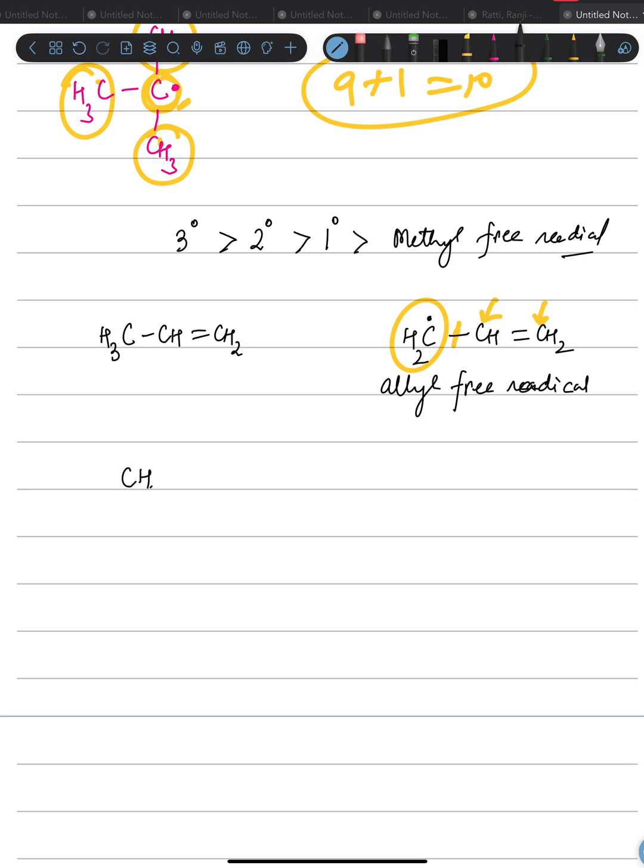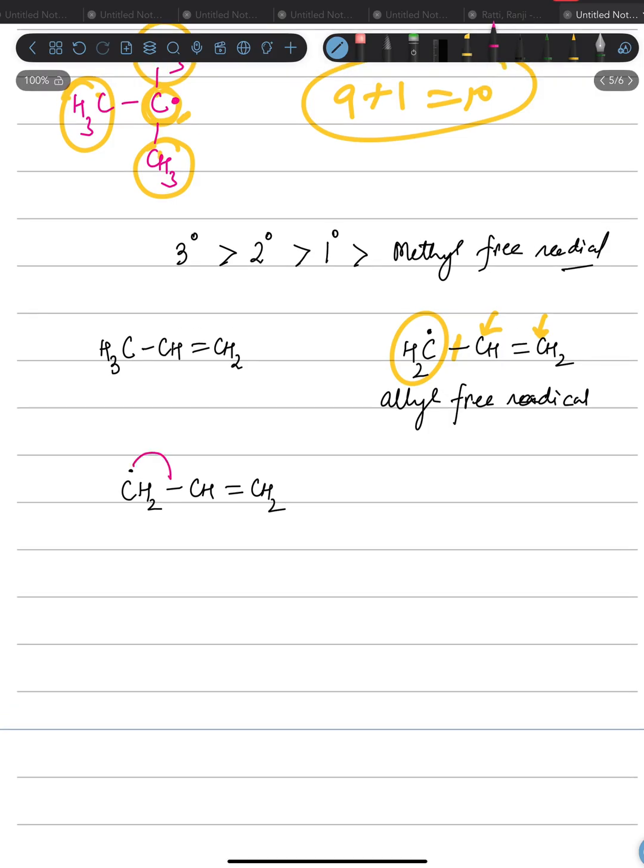Now, for allyl free radical, the actual resonance can take place. So the odd electron from here and one of the electrons from there, half-headed arrow, right? And a double-headed arrow to show that it is resonance which is taking place. And now we would have an odd electron on this carbon.